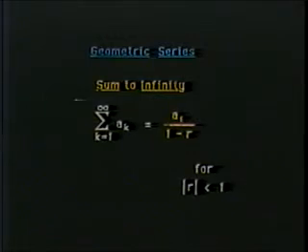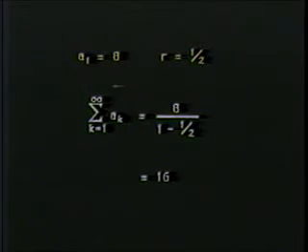And it gives us this formula for the sum of infinitely many terms. Apply this formula to the series we saw earlier, and what do we get? We get a sum of 16 for the whole infinite series. Now that would be a little difficult to do without the formula. We'd have to go on adding by hand forever.